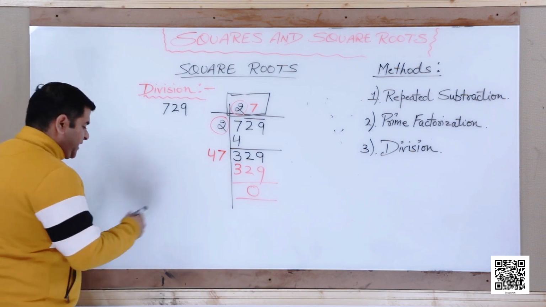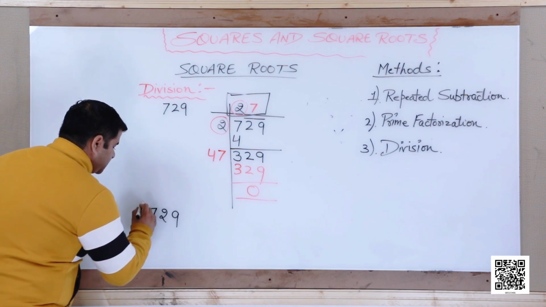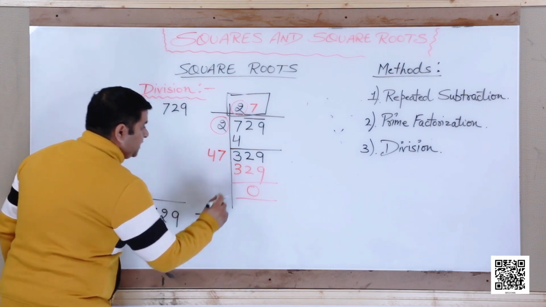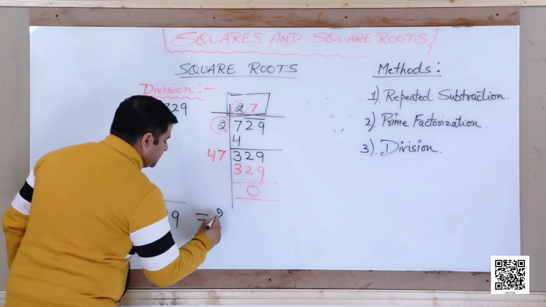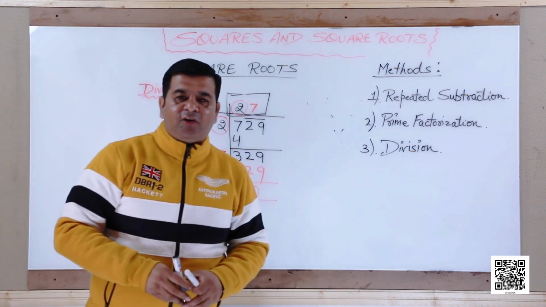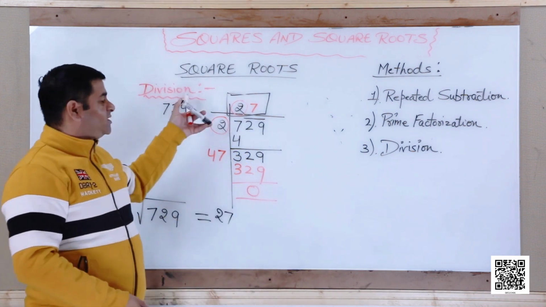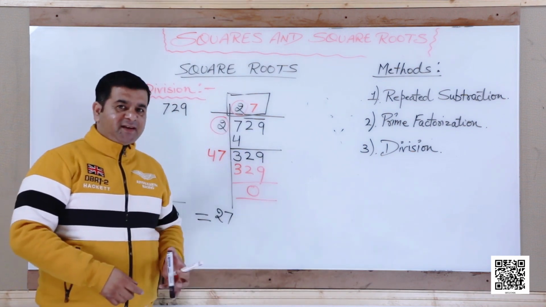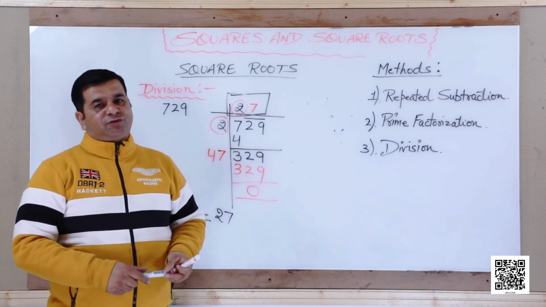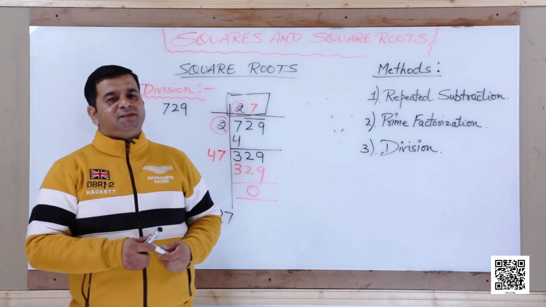So the square root of 729 will be 27. So this is the next method of finding square roots, that is the division method. With this method you can find square roots of large numbers as well as decimals too.